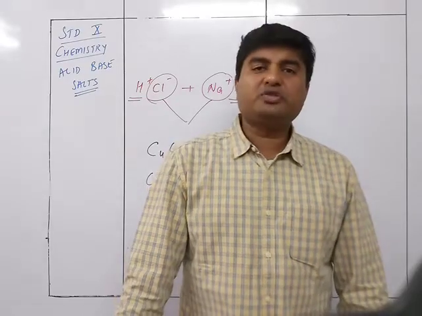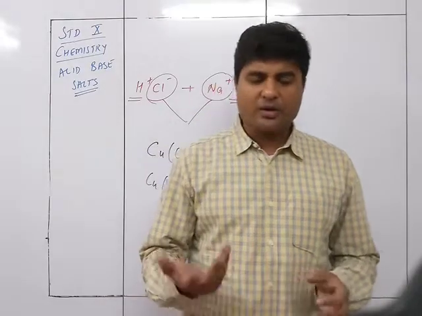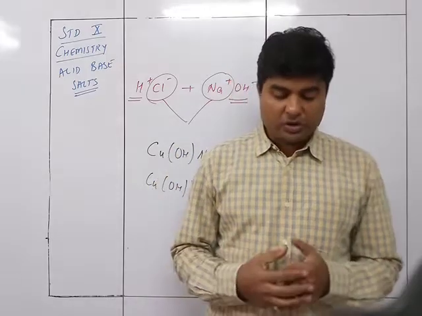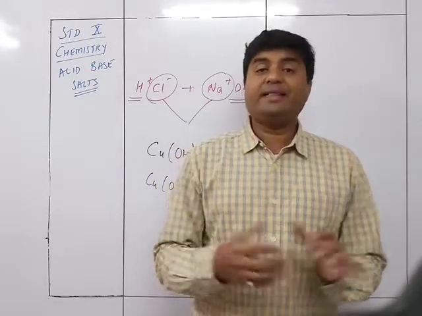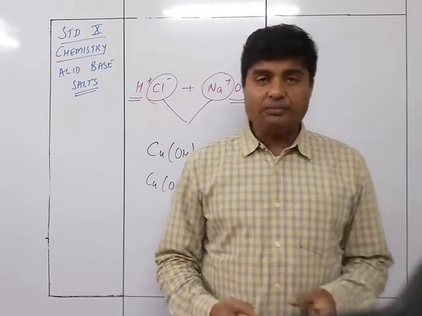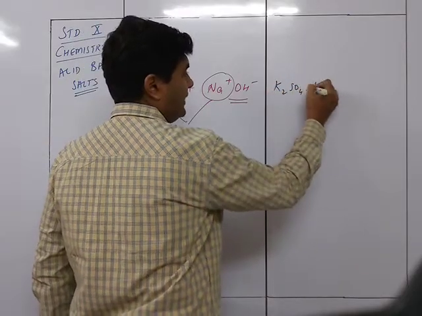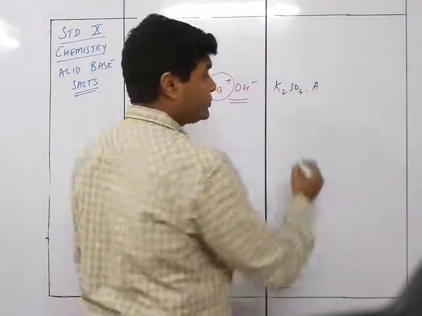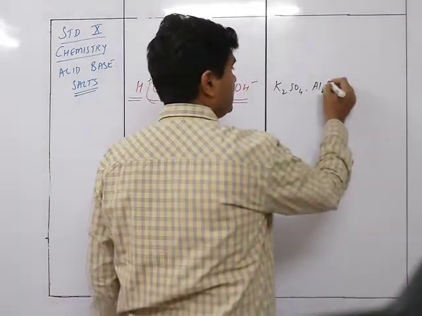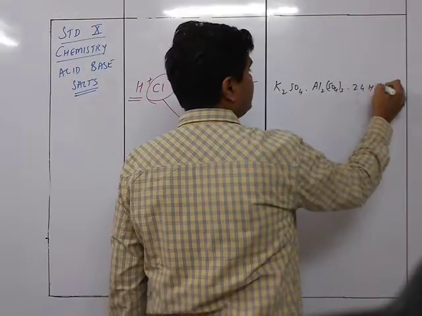And then there are some salts which are just for reference. You just need to know that such things exist, but not for learning. That is double salt. Double salts are formed by mixing saturated solutions of two simple salts together and crystallizing them together. The example is alum, which is K2SO4.Al2(SO4)3 with water of crystallization, 24H2O.